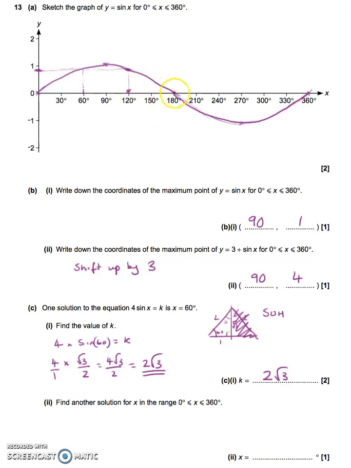But to know that for sure, you go to the next place on the graph that is 0, which is 180, and subtract the gap from 0 to 60, which is 60. So 180 minus 60 is 120, and that is the other value. You can just use your graph to show that as well if you want. x equals 120.